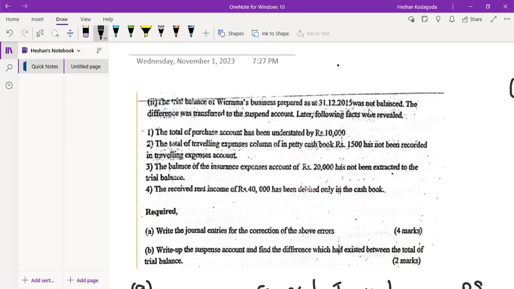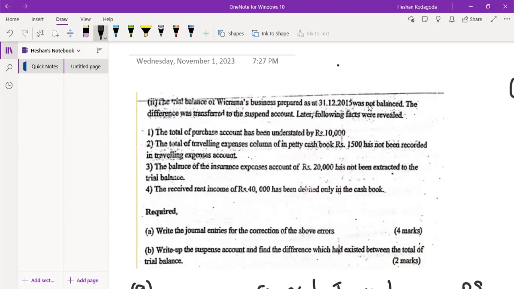But here we only debited the cash book. We didn't credit the rent income account. Since income accounts have their balance brought forward on the credit side, we didn't take any balance to the rent income account.